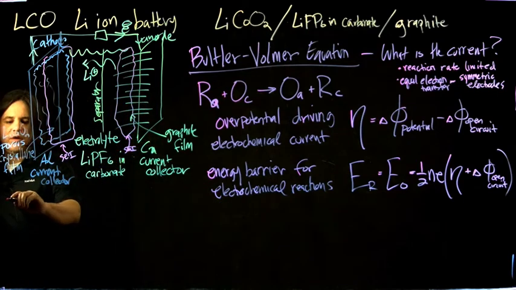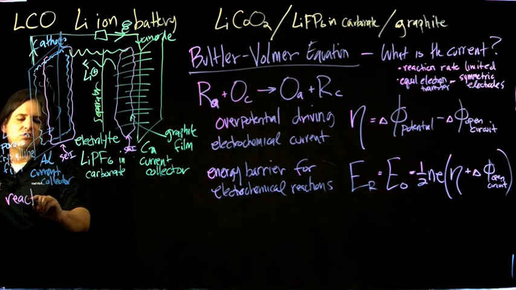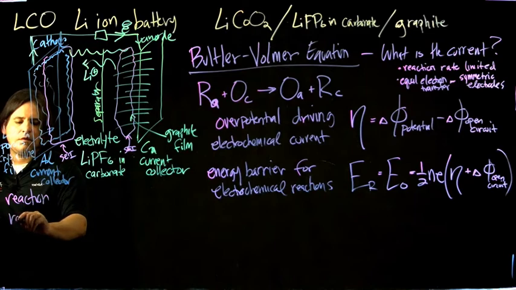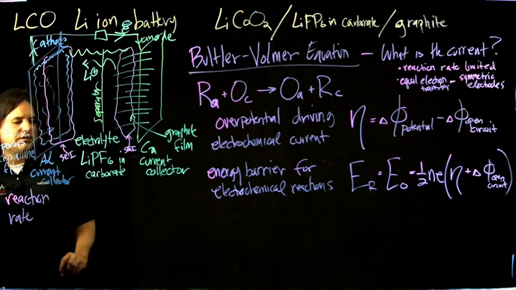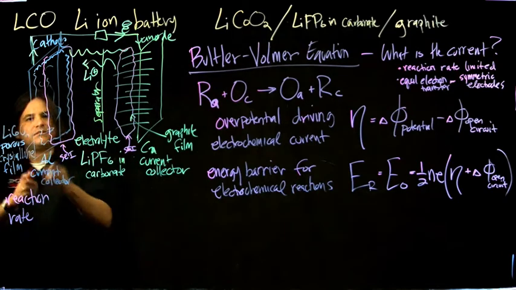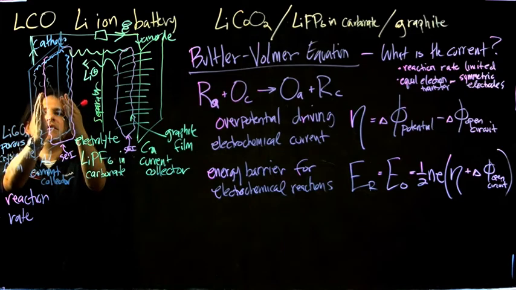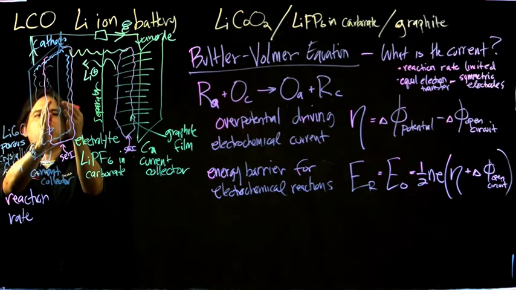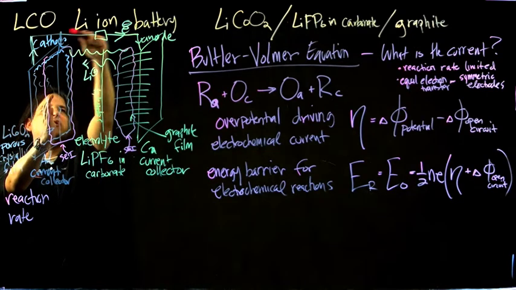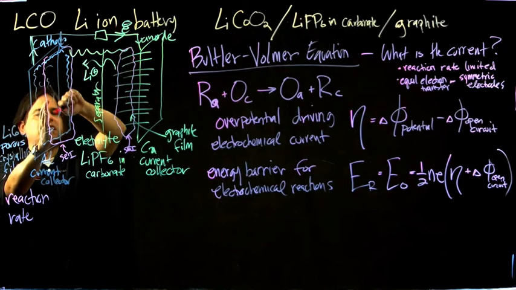So the reaction rate at each surface, what's happening is there's a Faradaic reaction here. The cathode starts off at a certain structure, and then whether you're charging or discharging, an electron will come off or it will come in.